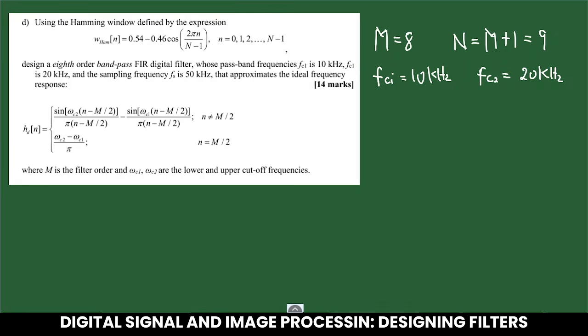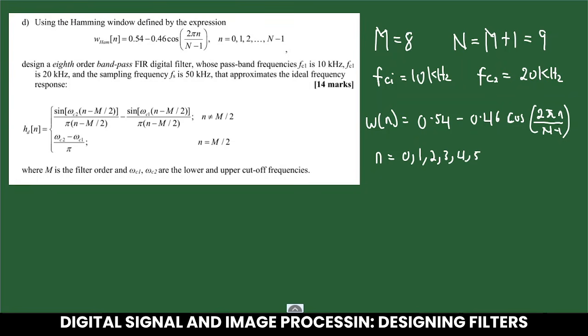So now you go ahead to find the Hamming window coefficient. The expression is given by Wn is equal to 0.54 minus 0.46 cos 2 pi n all over N minus 1, where n is equal to 0, 1, 2, 3, 4, 5, 6, 7, 8, because here the last value is N minus 1 in the question.